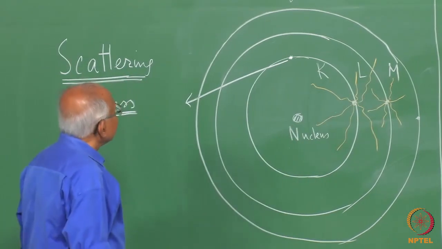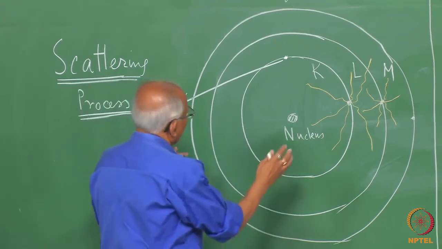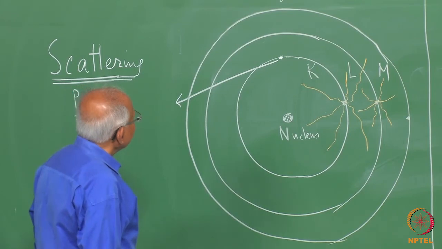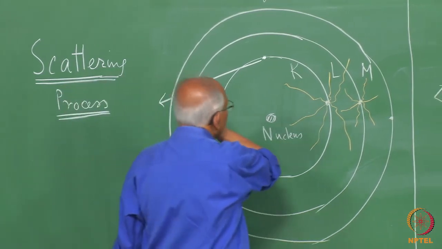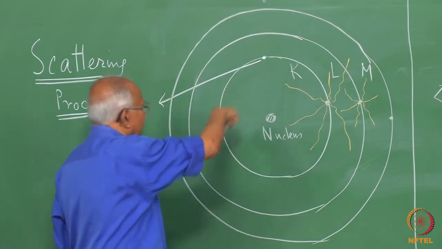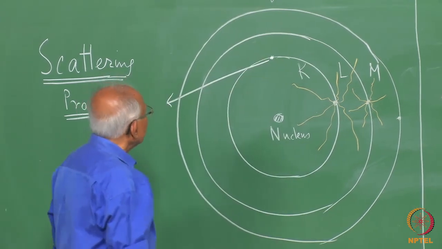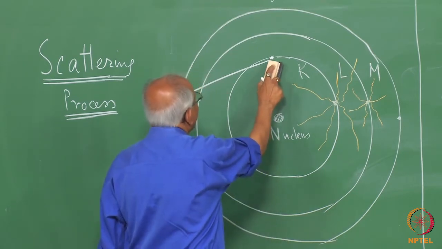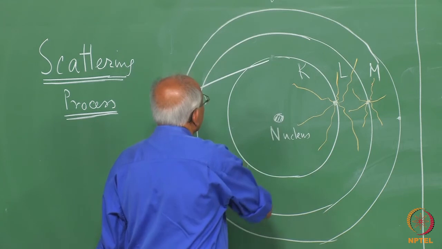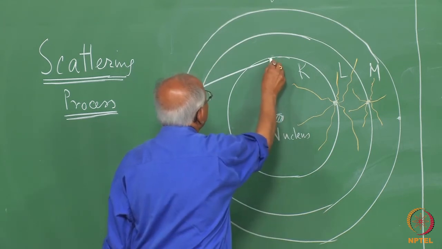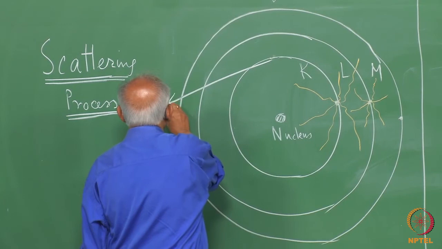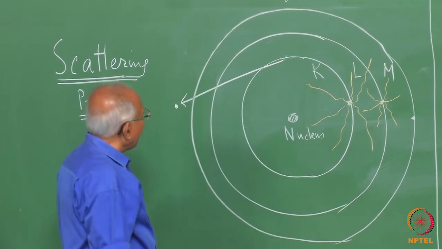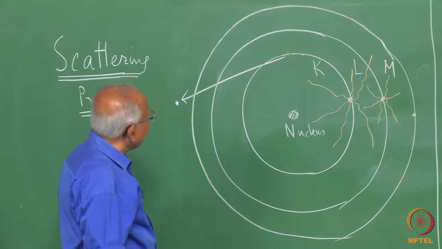Then what will happen? In order to minimize the energy of the system as a whole, electrons will come from, say, the L shell or the M shell to occupy the vacancy over here. When this electron is knocked out of the K shell, the vacancy will be filled up by either an electron from the L shell or the M shell.